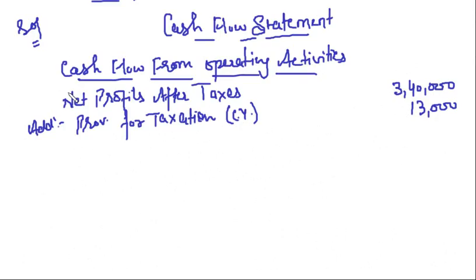So, I'll say less insurance claim received. Because this claim, the amount that you have received, you must have added back. Now it will be subtracted. The amount is 20,000.